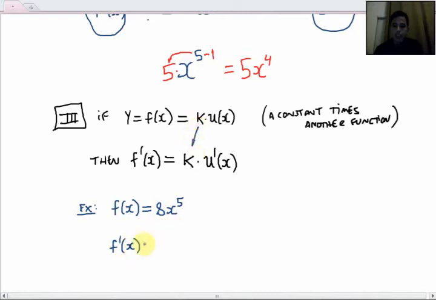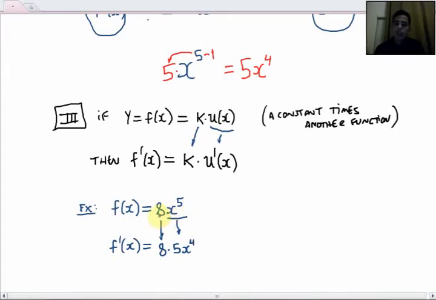So we repeat the constant, and then take the derivative of that function. Here the derivative of that function is 5x to the 4th, but you multiply, right?